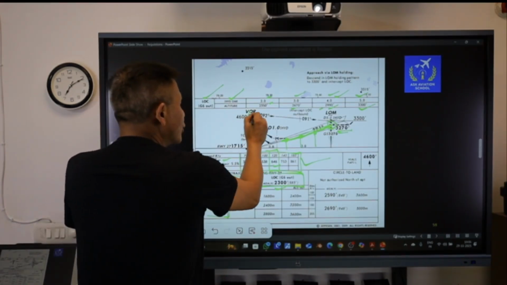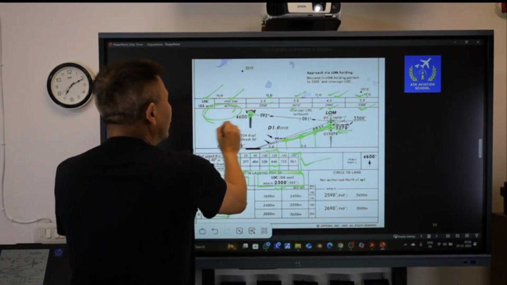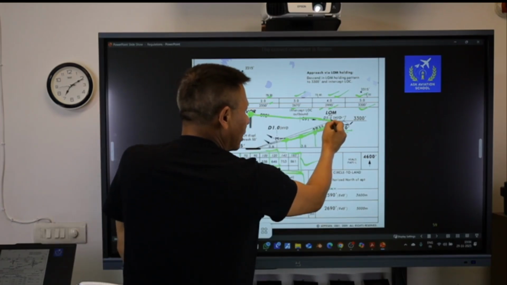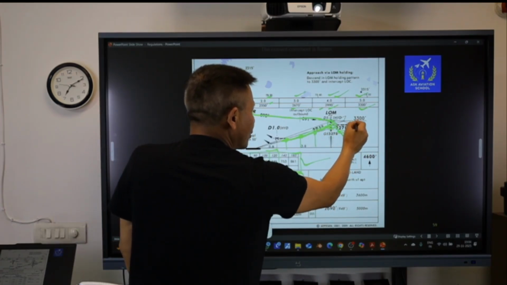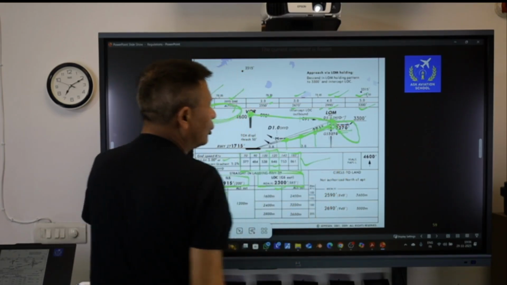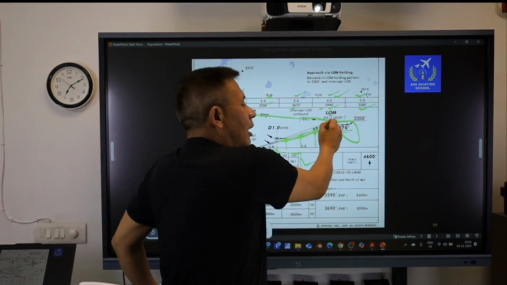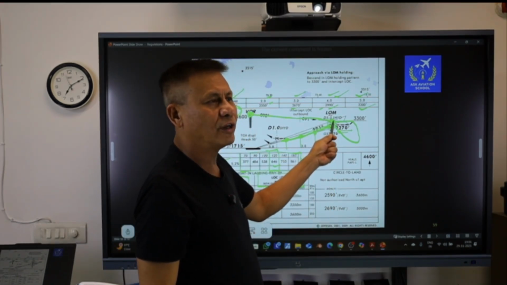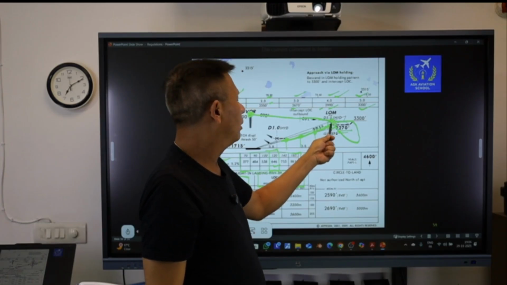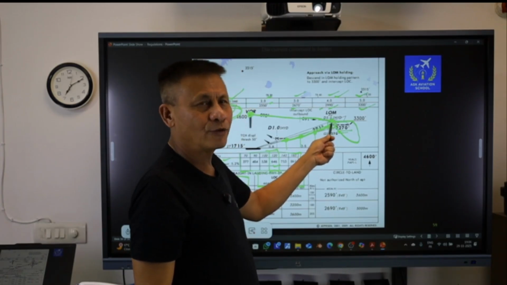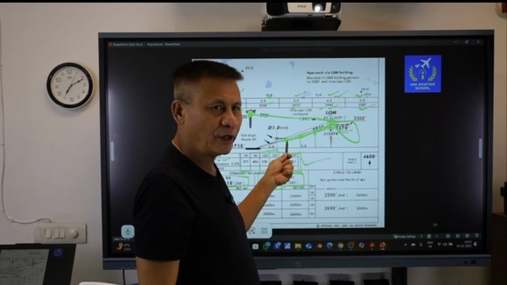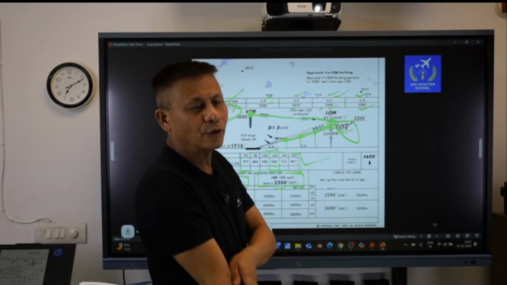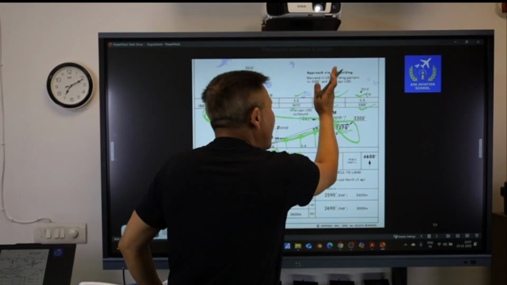This portion, after having carried out the hold, is what we call an outbound, and thereafter at the outer marker, I am going to carry out the procedure turn and reach this portion, which is the place where I am going to transition myself from the intermediate approach segment to the final approach segment. The initial approach segment, intermediate approach segment, and final approach segment. So therefore, this final approach segment is marked by the locator outer marker.